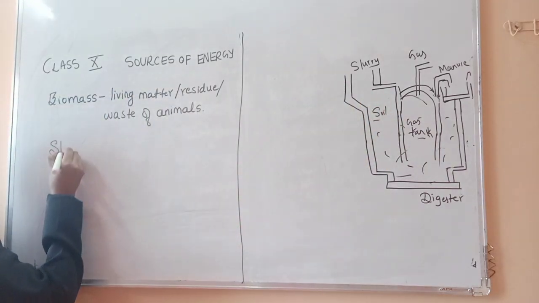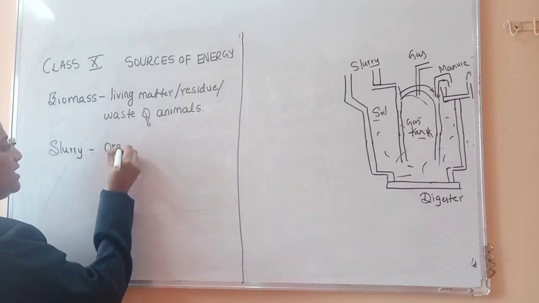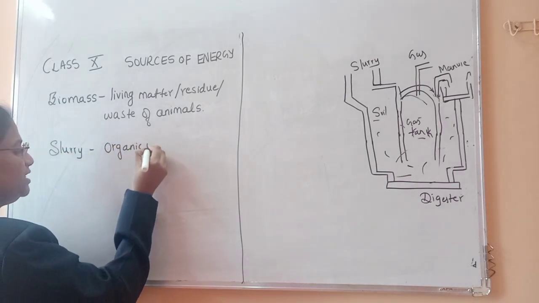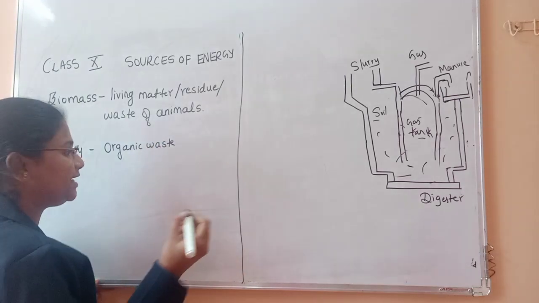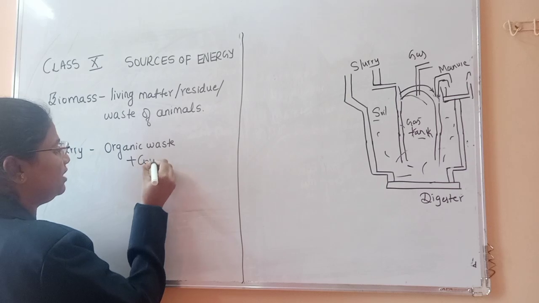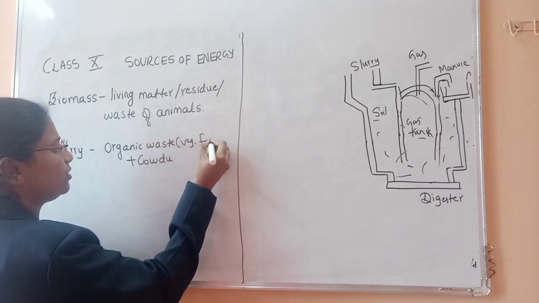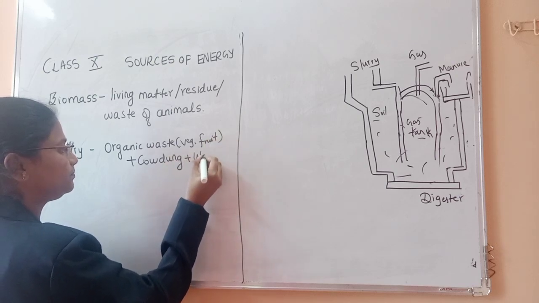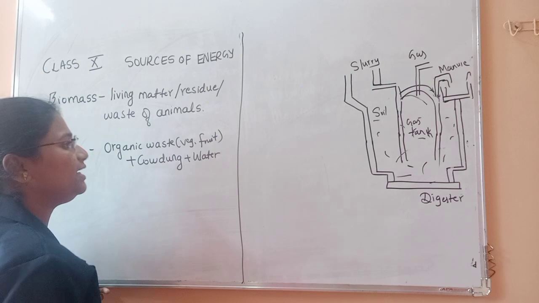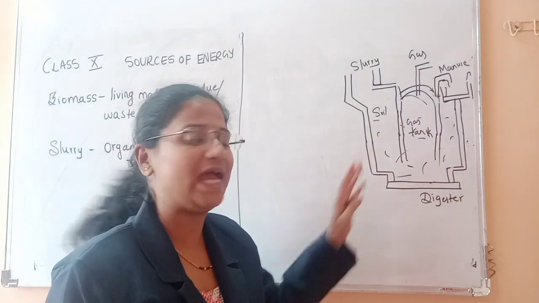Slurry consists of organic waste like vegetable peels, fruit peels, human excreta, plus cow dung, all mixed with water. Then all of this is introduced into the tank.